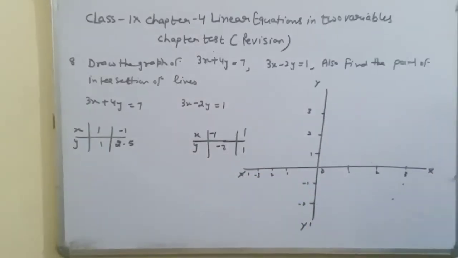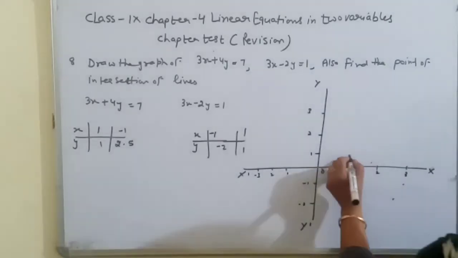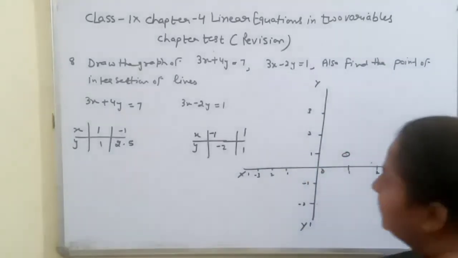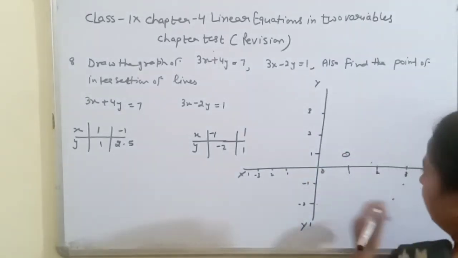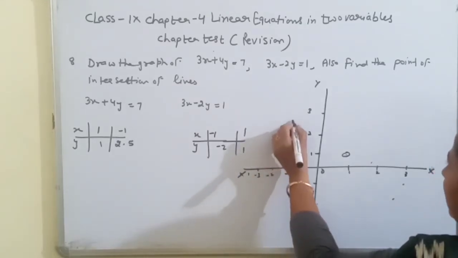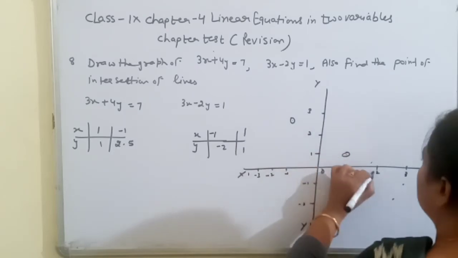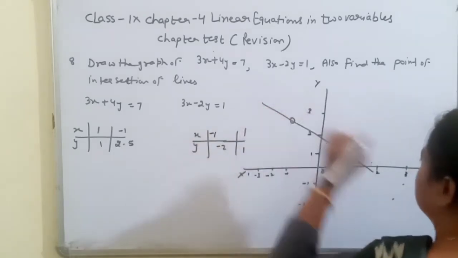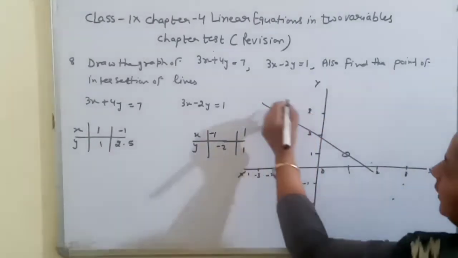Now, first one is x 1, y 1. When x is 1, y is 1. This is the first. Second, x minus 1, y 2.5. It is here. So, when we draw the graph, this is the situation.